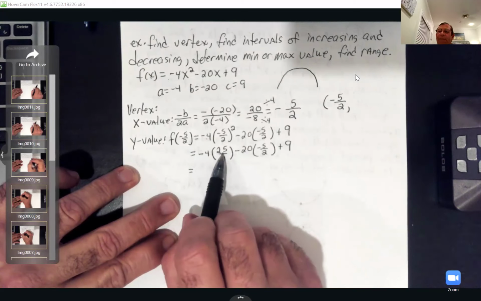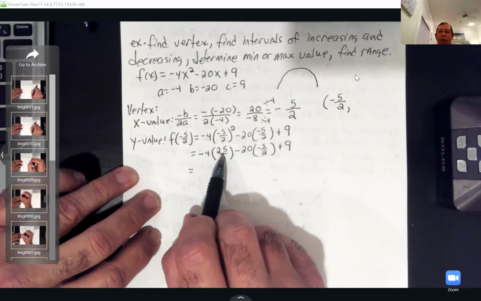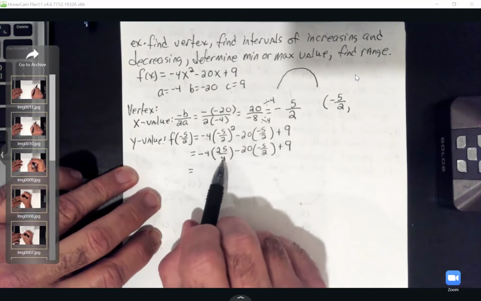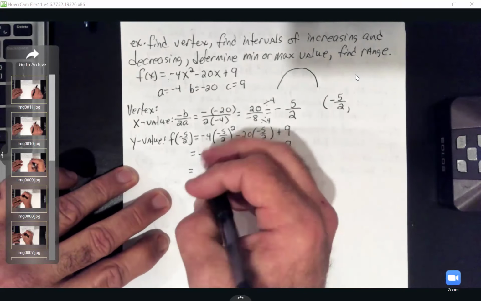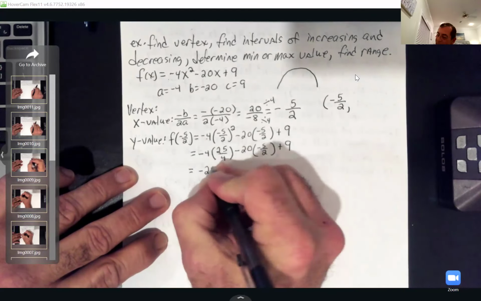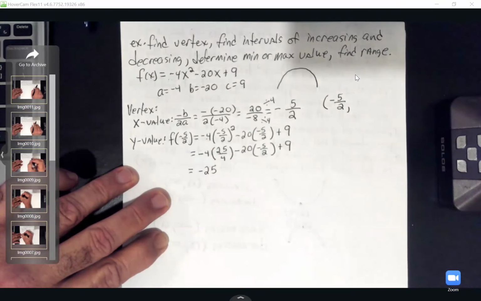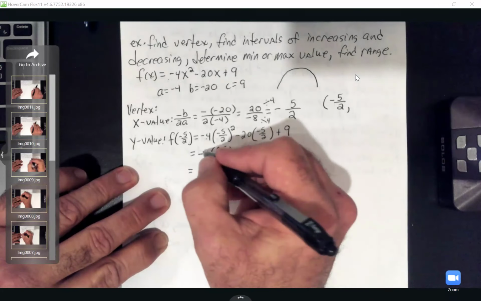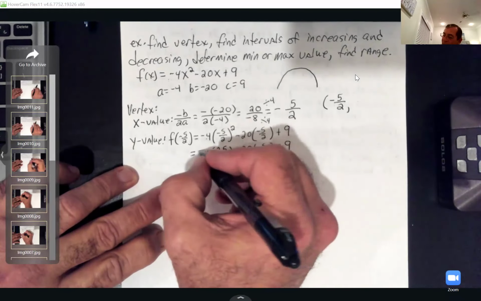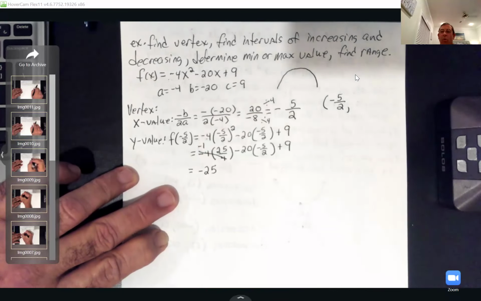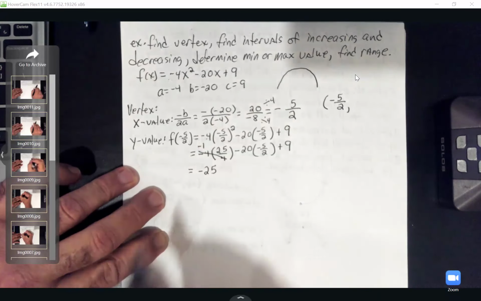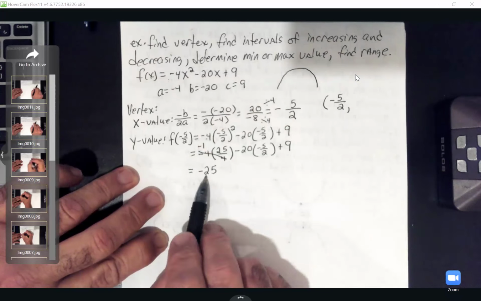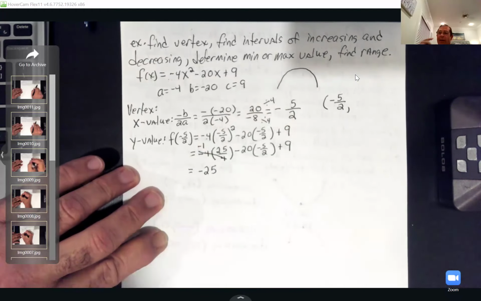Negative 4 times 25 is negative 100. Negative 100 divided by 4 is negative 25. Or you can cancel these 4's out and make that a negative 1. Either way, negative 1 times 25 is still negative 25.